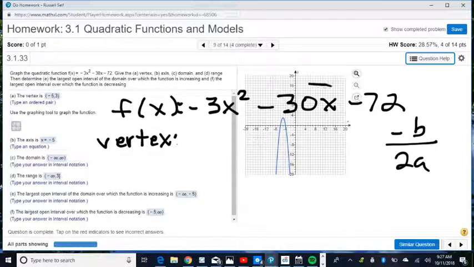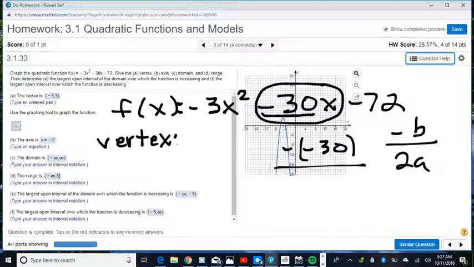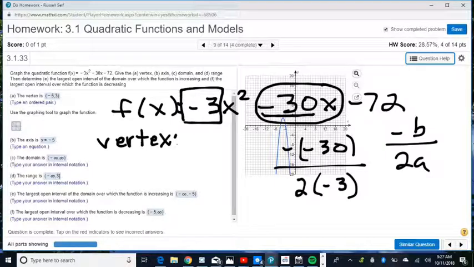Remember, b is simply the second term, and it's only the numerical coefficient, the number in front. Okay? So it's negative 30, but remember we want the opposite of that. So minus negative 30 over 2 times my a, and my a in this case is that negative 3.